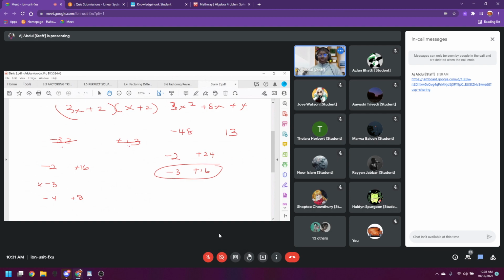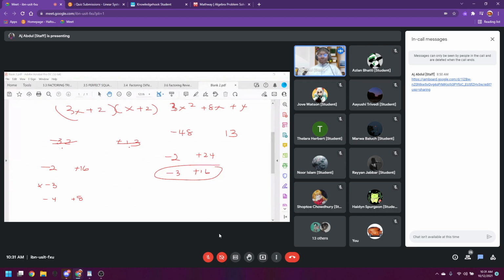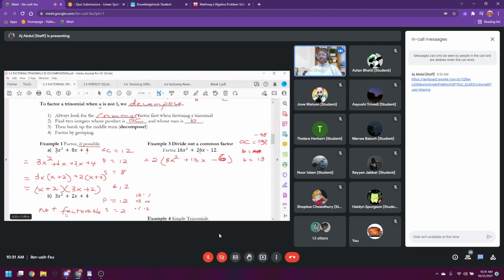So I can go back. I found my factors, so I'm now going to decompose that. We leave the first term alone. I want to break this into 16x and 3x. So 16x works with 8x, and minus 3x works with 6x squared.